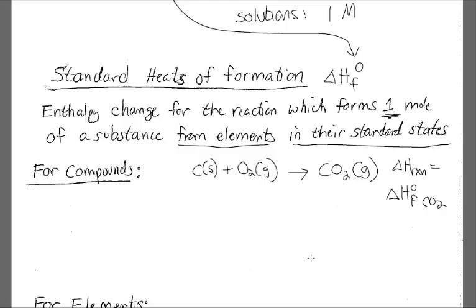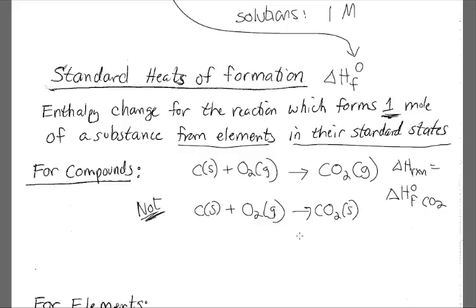We can show other reactions that form carbon dioxide, like the solid form, even from elements in their standard states, but that is not the heat of formation reaction because it's not forming a substance in its standard state. So that's not the right kind of reaction.